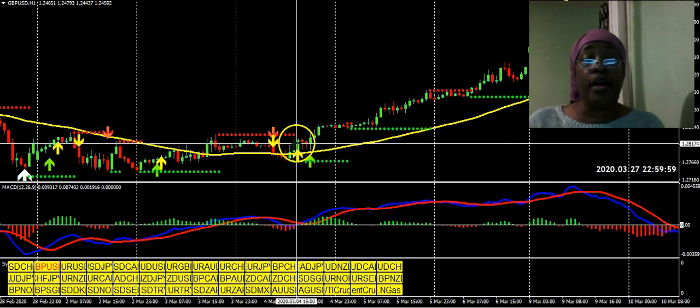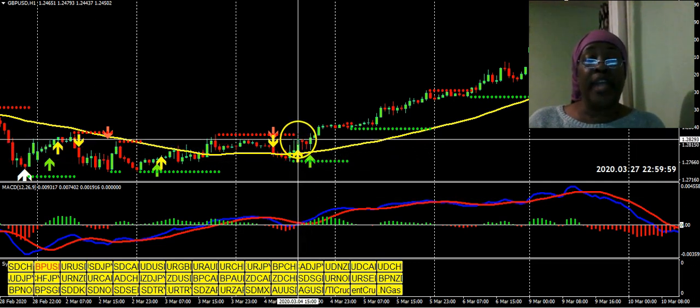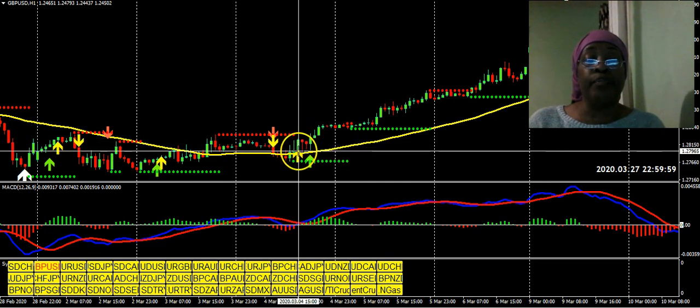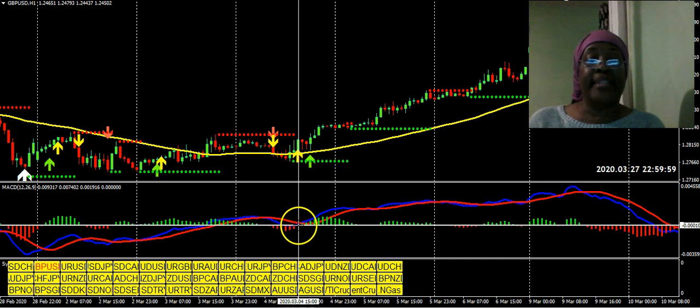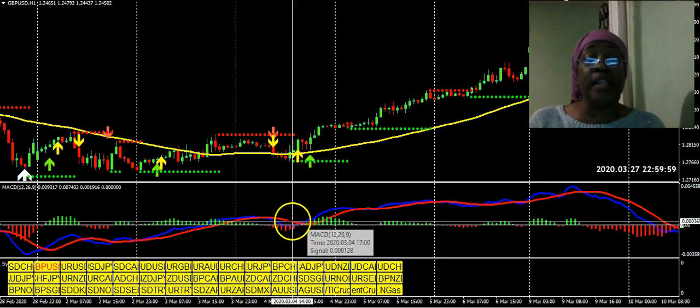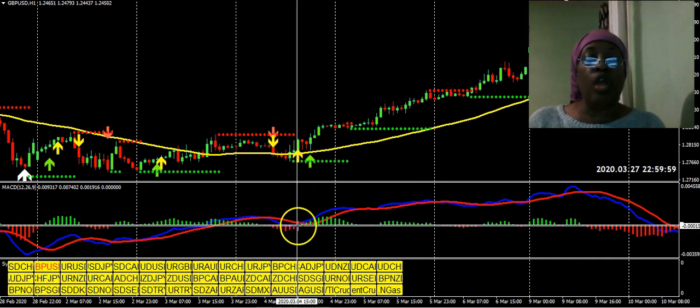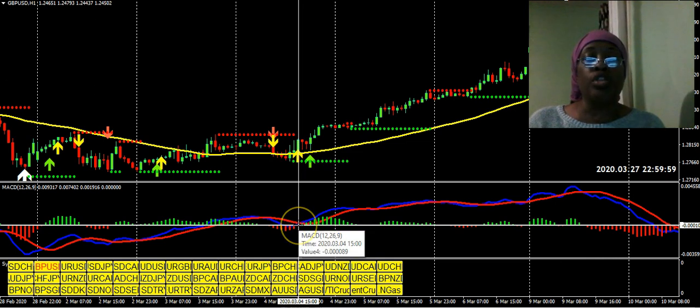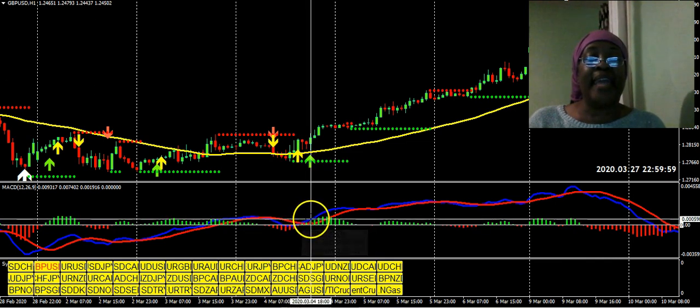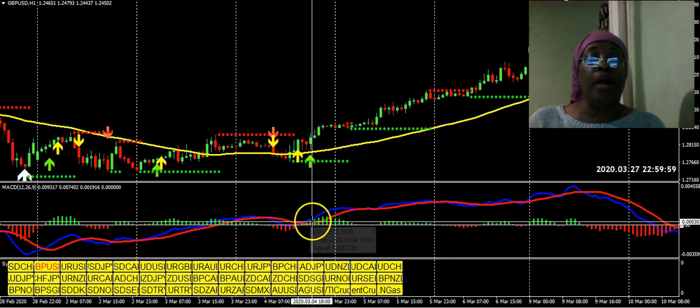So in this case here, we have our bullish candle that has closed above the 50, right? Look down at the MACD. The MACD is tight. It looks like you're about to have a crossover. It is above, but it's very, very close to this middle section. So it will not hurt to wait until you can clearly see it rising above, right?